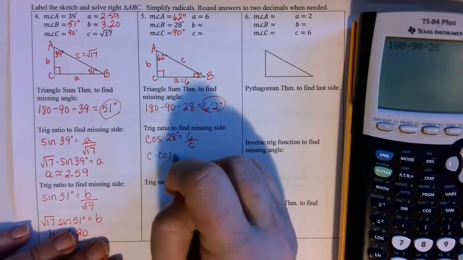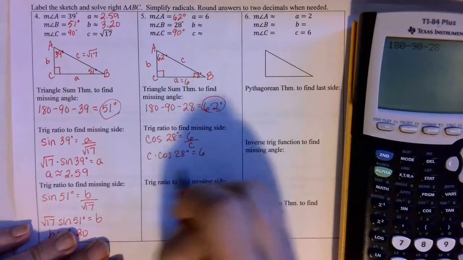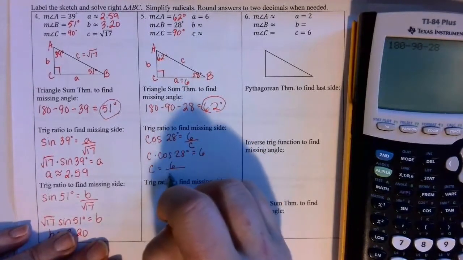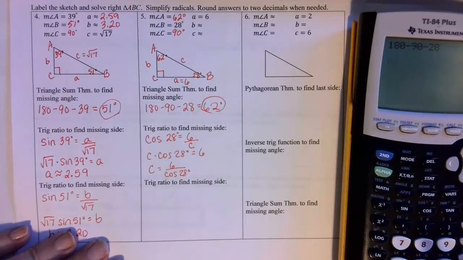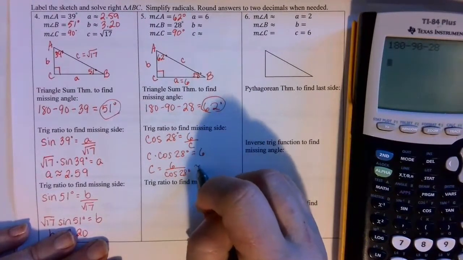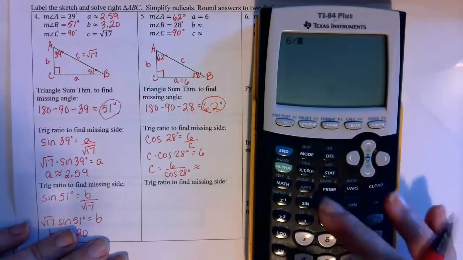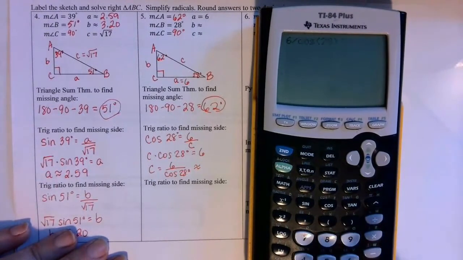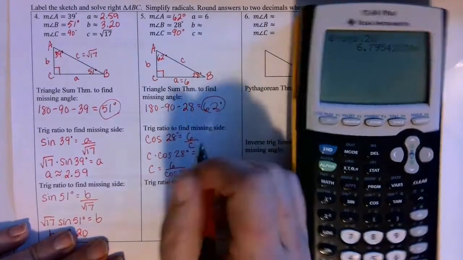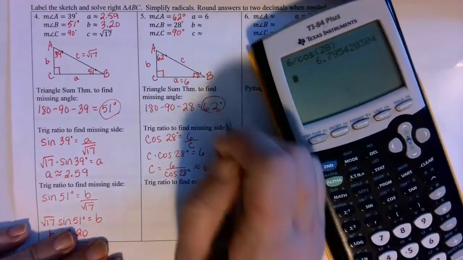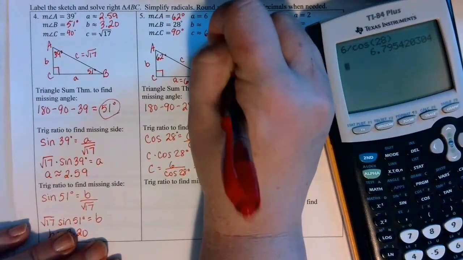So c times the cosine of 28 degrees is equal to 6. And then to get the c by itself, we'll divide both sides by the cosine of 28 degrees. So c is exactly 6 divided by cosine of 28 degrees, and then we're going to put that in the calculator in degree mode and round to 2 decimal places to get 6.80. So c, our hypotenuse, is approximately 6.80.